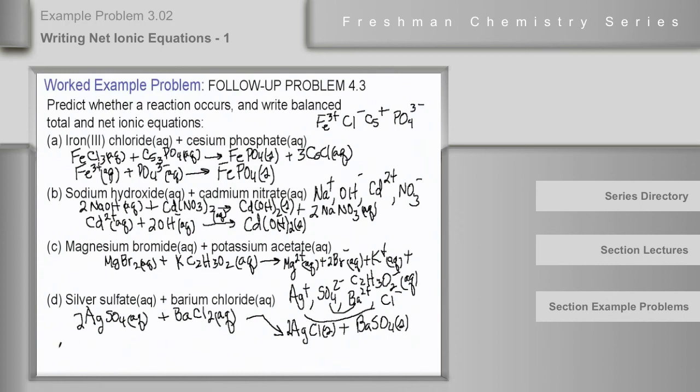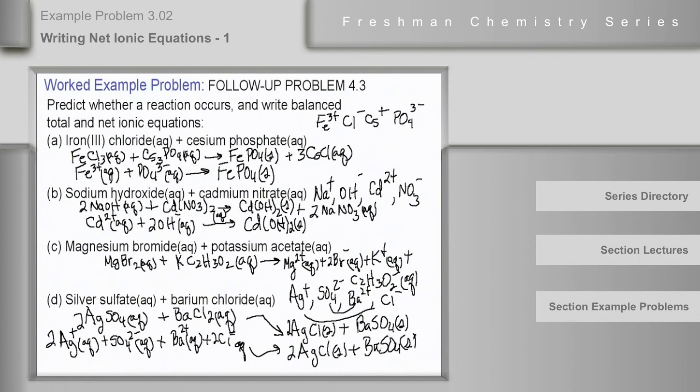The net ionic equation is 2Ag+ aqueous plus SO4 2- aqueous plus Ba2+ aqueous plus 2Cl- aqueous goes to 2AgCl solid plus barium sulfate solid.